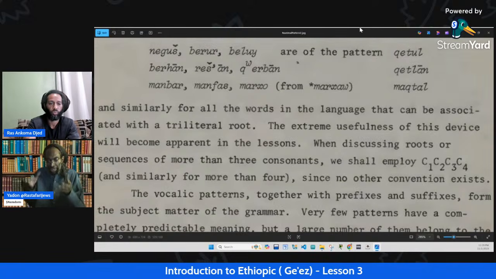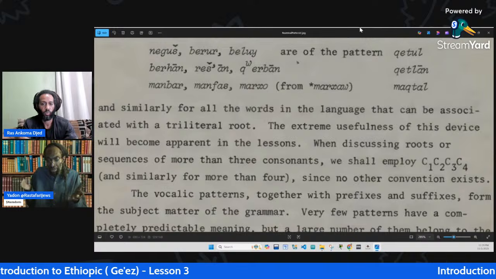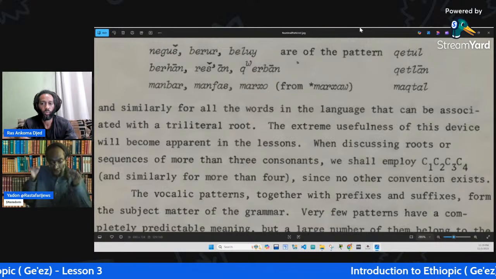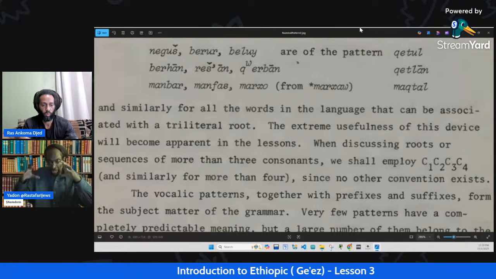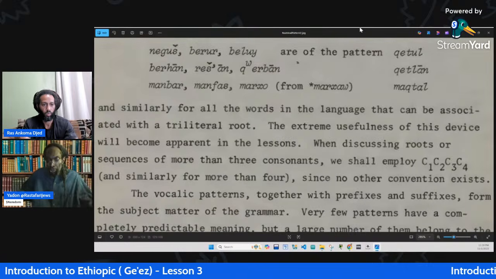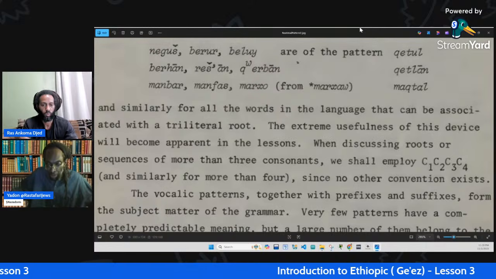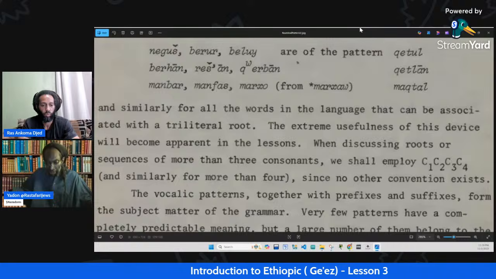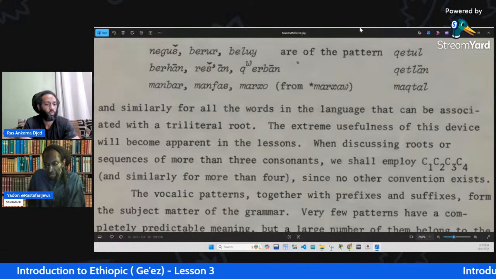So it's not ketule, it's ketul. If you say each letter by itself to get the pattern, it'll be ke, ketul. But all together, ketul. So negush, beror, belui. The second pattern right here, thank you.